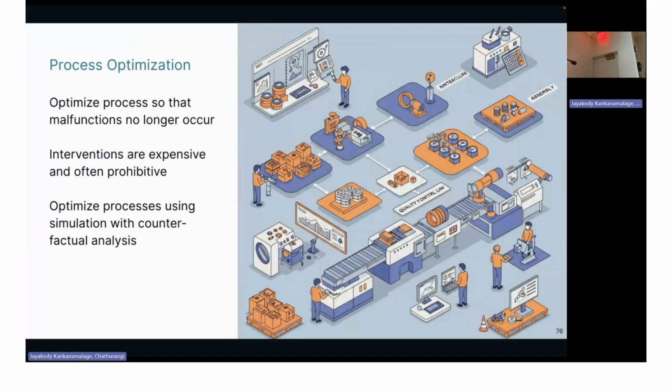So what we want to do is actually be able to simulate changes to the production line, and then be able to show that these interventions do produce better outcomes, so less scrap rate, things like that. And we do this using the counterfactual analysis that Darshan talked about, right?